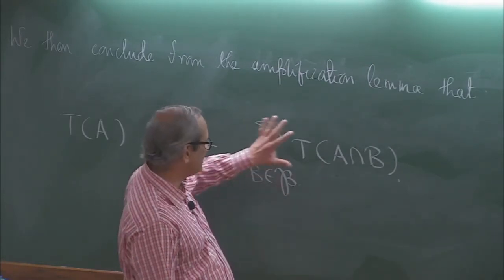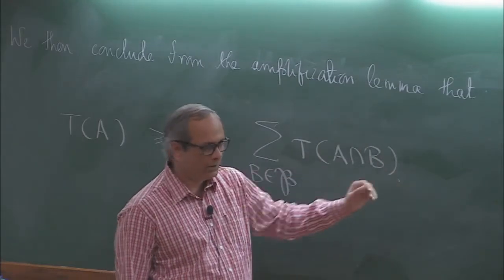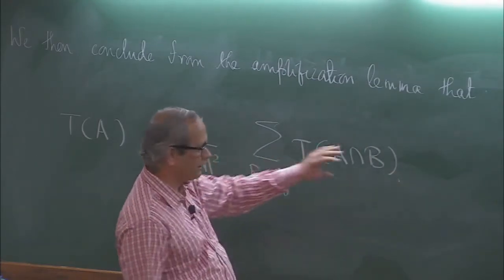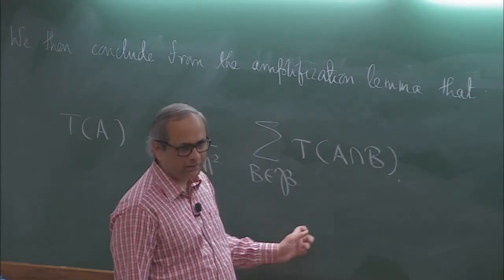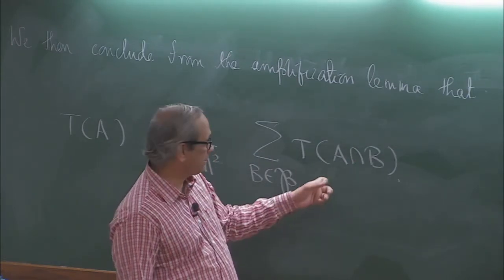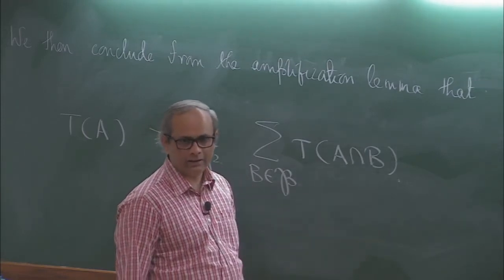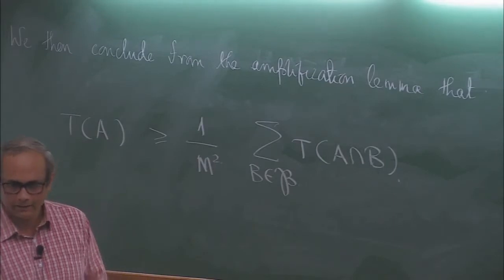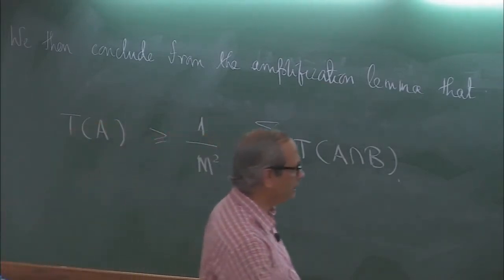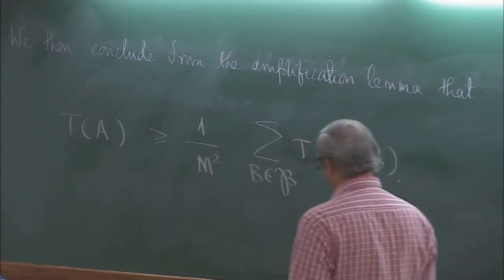So this sum is bounded below by 1 over m squared times the number of B's in the family such that the cardinality of A intersection B is strictly larger than R of m. That was the thing. So I'll write that down as the next step.